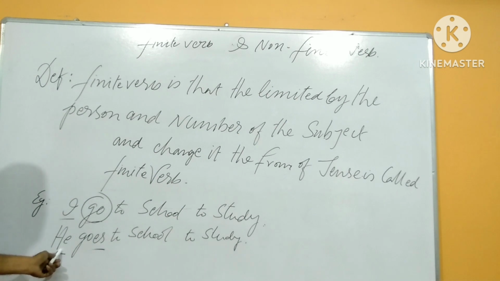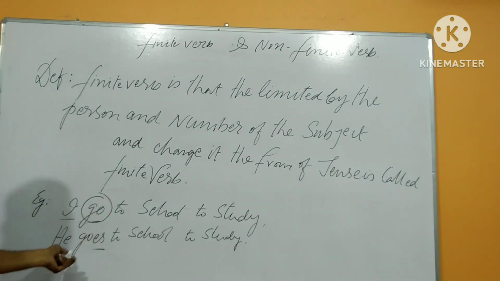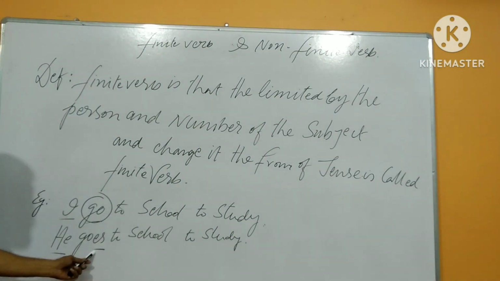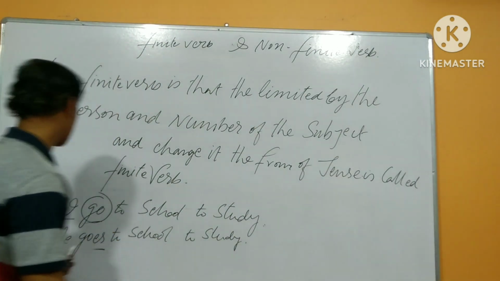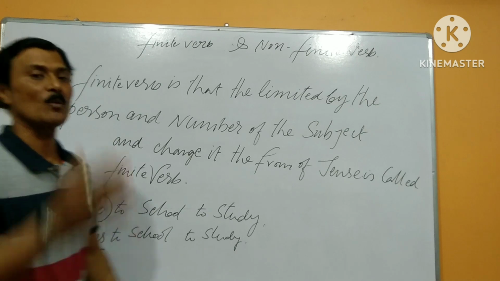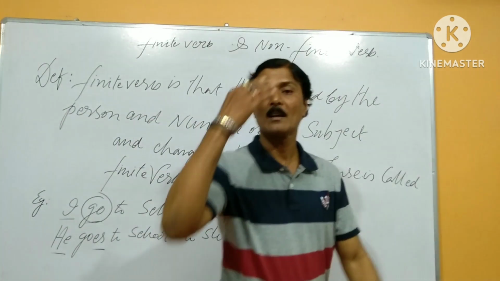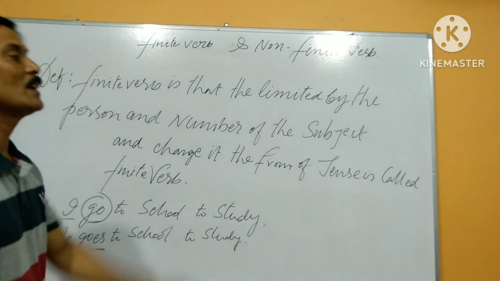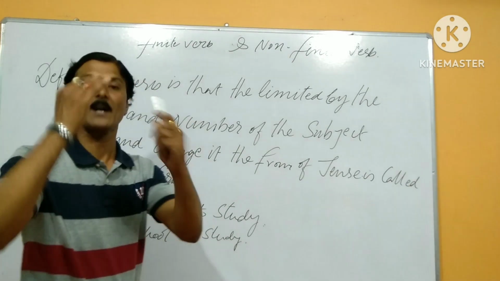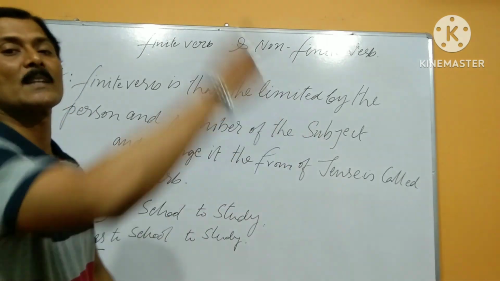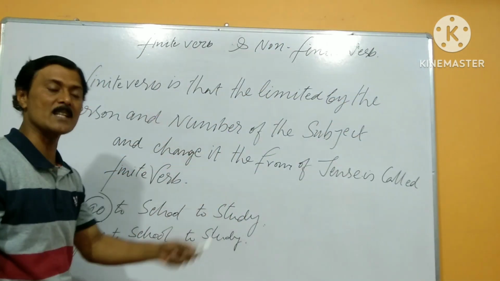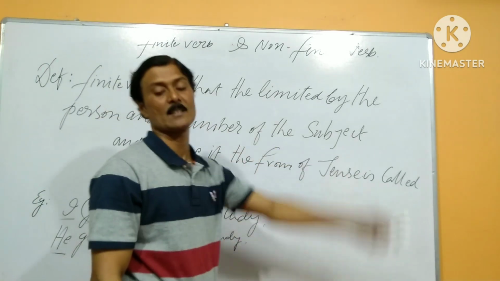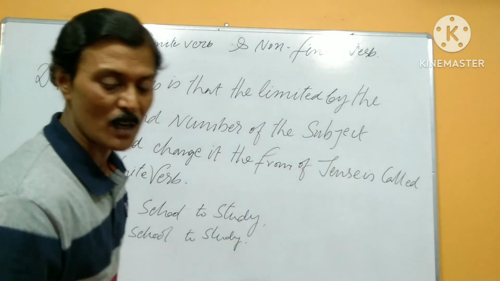In this way, what is a finite verb? A finite verb is a verb that is limited by the person and number of the subject and changes as a verb or tense.